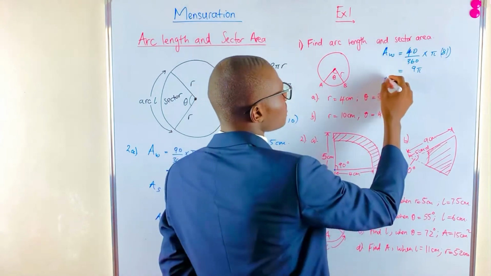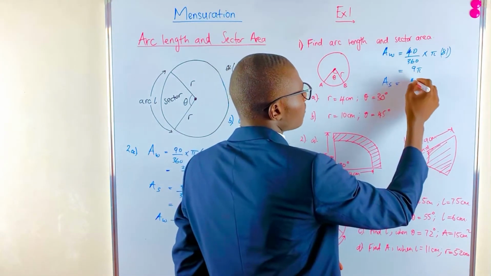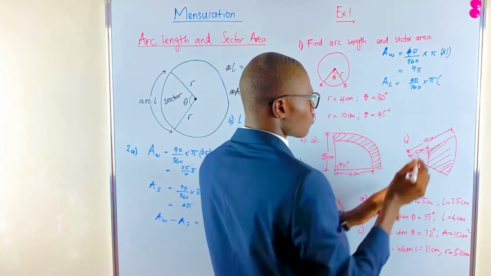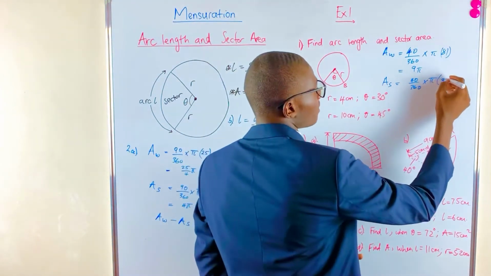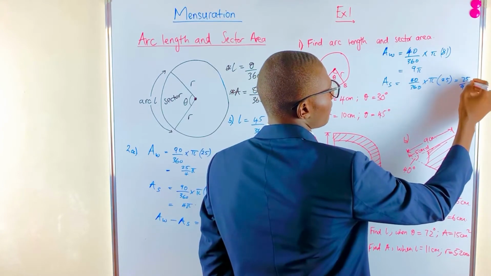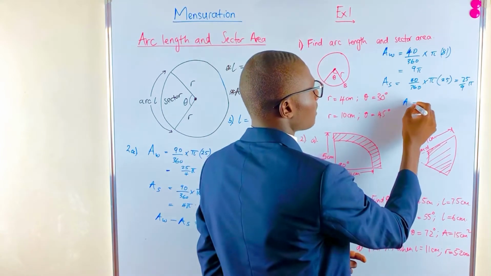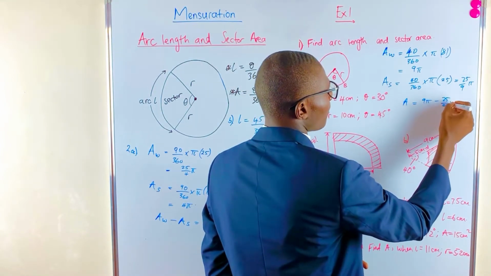Then the area of the smaller sector, AS, would be 40 over 360 times pi, then r squared. R in this case is now 5. So 5 squared will give us 25, which will give us 25 over 9 pi. So the area of the shaded region would be 9 pi minus 25 over 9 pi.